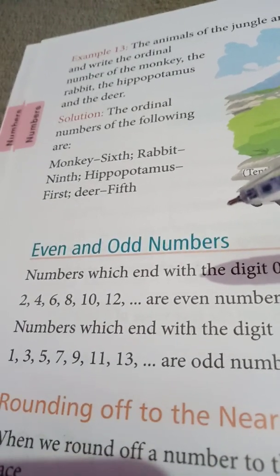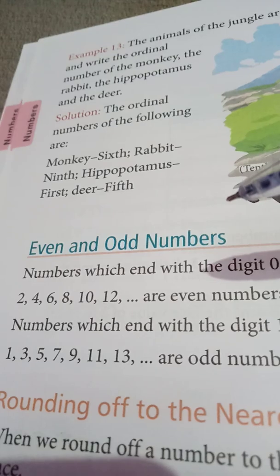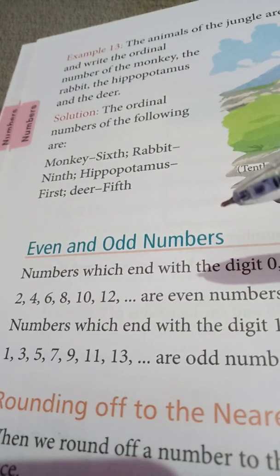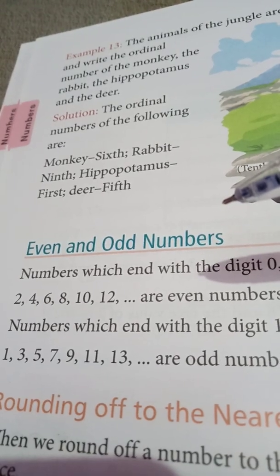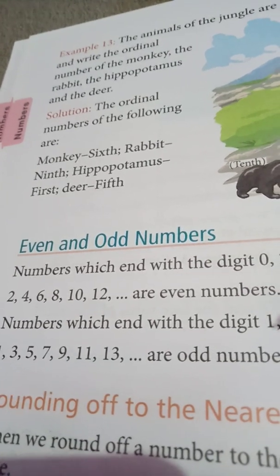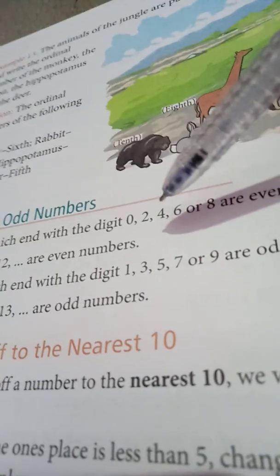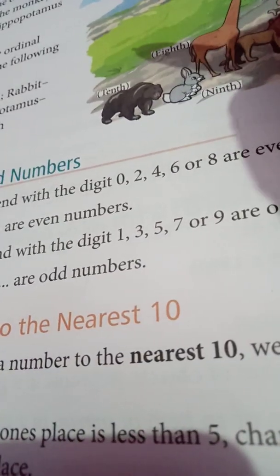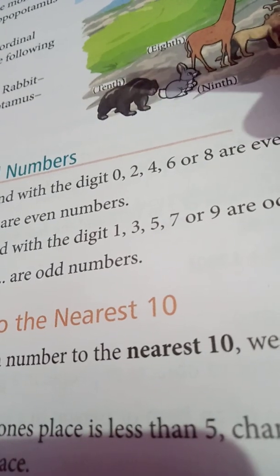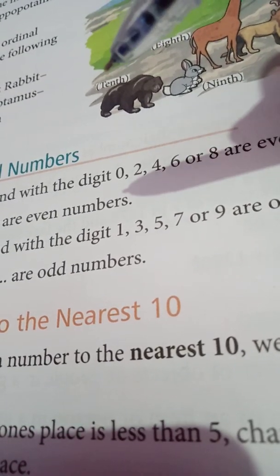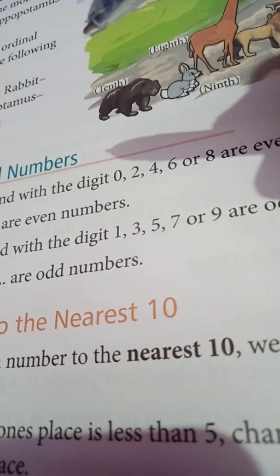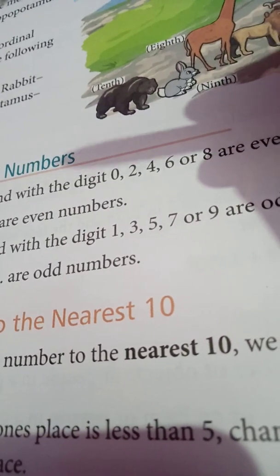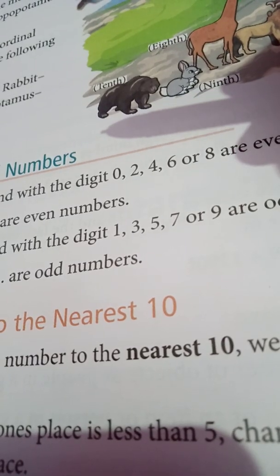We can also recognize an even number just by seeing if it ends with the digit 0, 2, 4, 6 or 8. For example, 22, 26, 28, 34, 38, and so on are examples of even numbers.